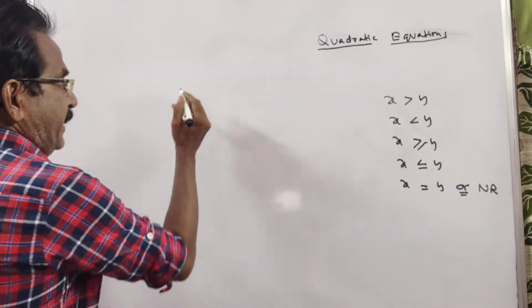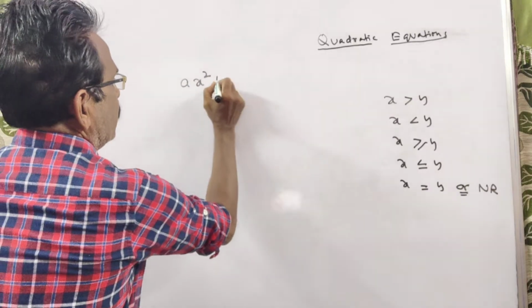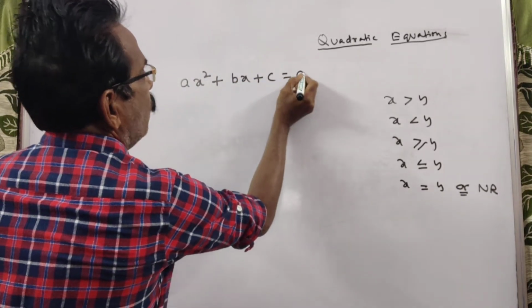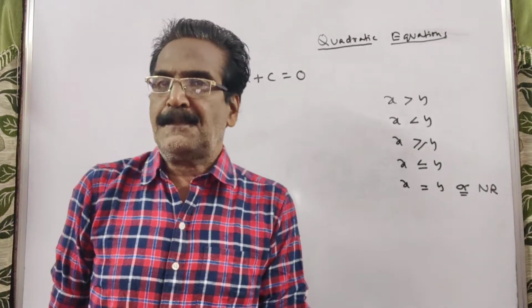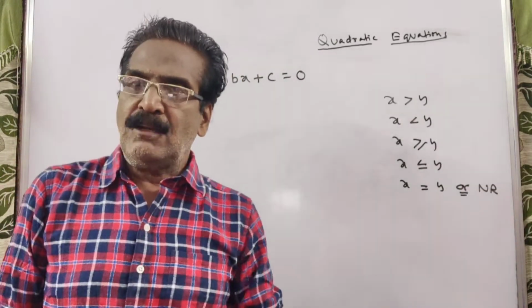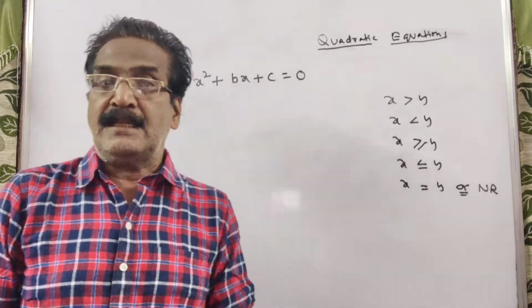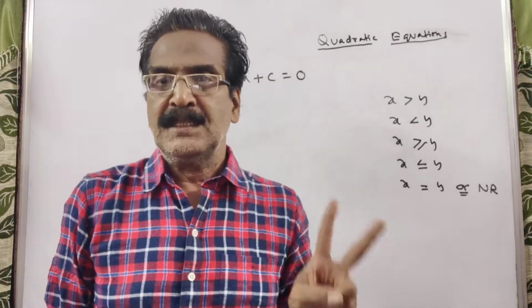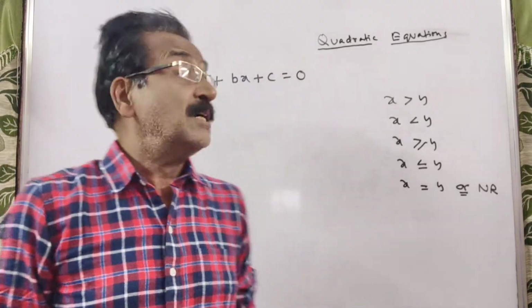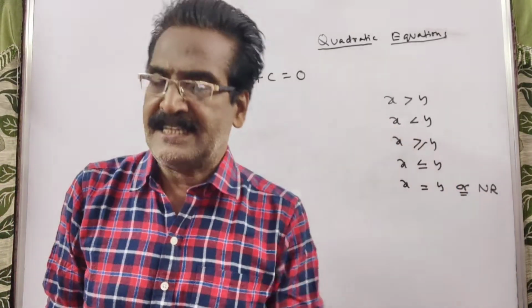See, ax square plus bx plus c is equal to 0 is the standard form of a quadratic equation. Since this is a quadratic equation, it will have two roots. That is, it will have two x values which satisfy this quadratic equation.